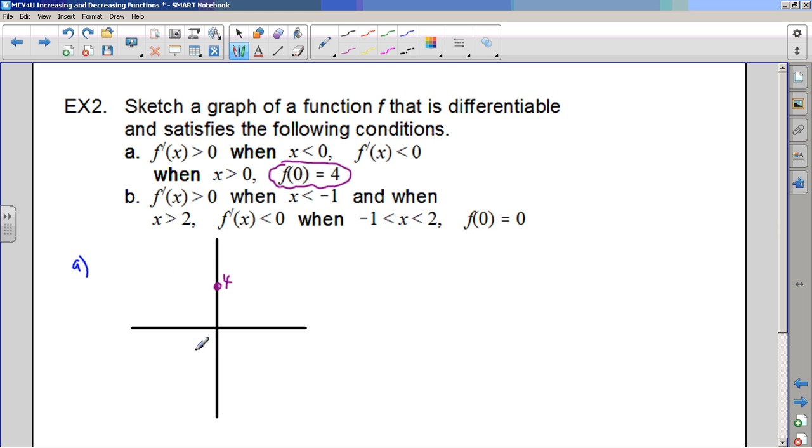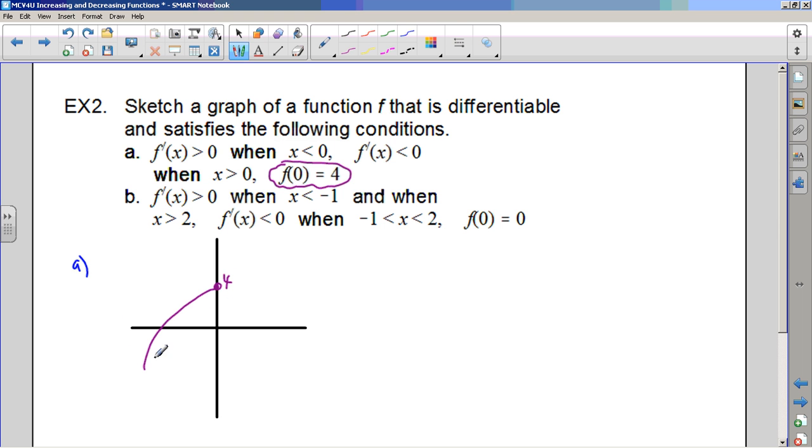So over here, f prime of x is greater than 0, so the function is increasing to there. The function is increasing to get to 0. So it could be something like this, right? And there are lots of things that could go like that.